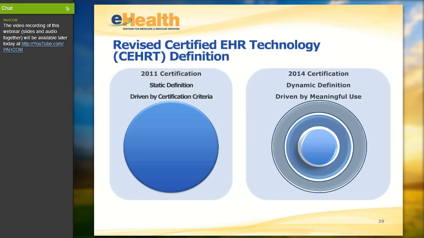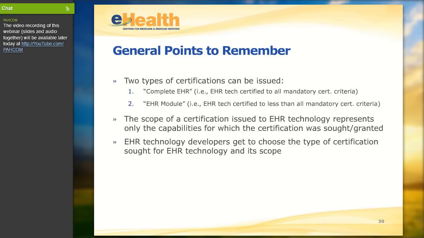So, for example, you might qualify for an exclusion of e-prescribing because you write fewer than 100 prescriptions during the reporting period, which is why we've moved to the bullseye target on the right, a more dynamic definition of certification, which is driven by what you are going to demonstrate in meaningful use. Essentially, we are moving away from the idea of a complete EHR, and moving to the idea of an EHR that contains the modules that you need to meet meaningful use.